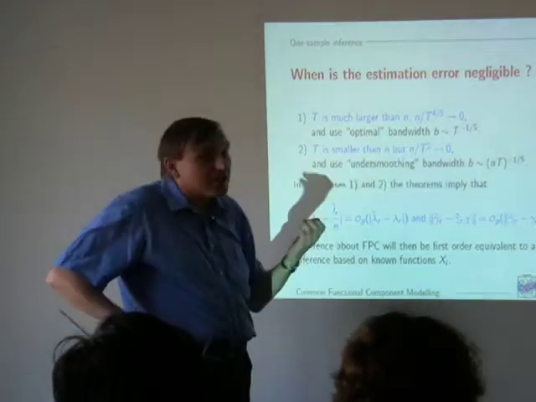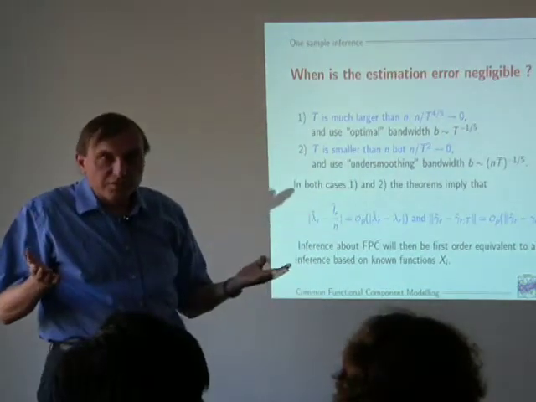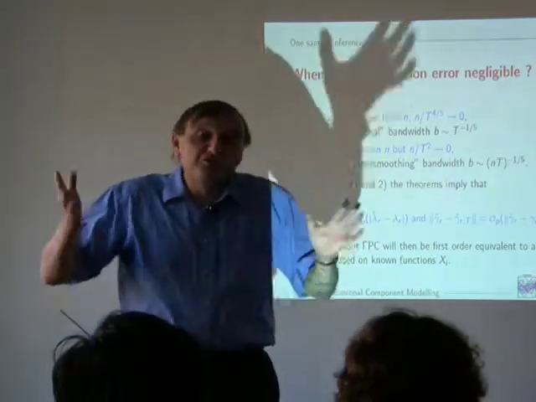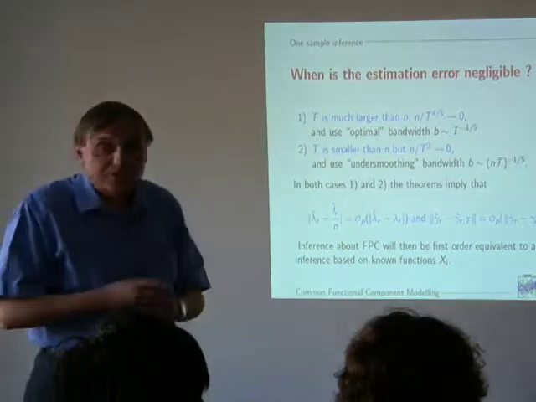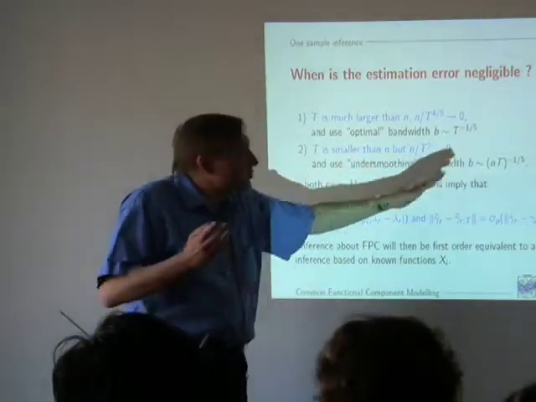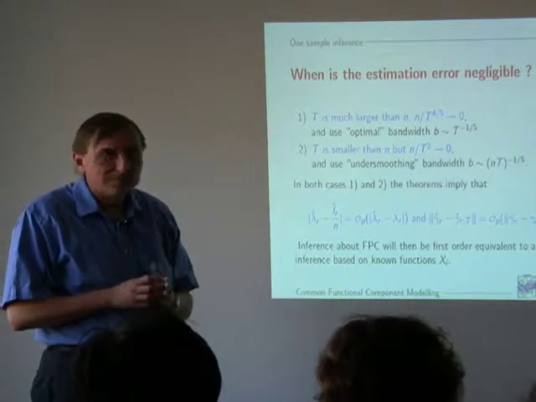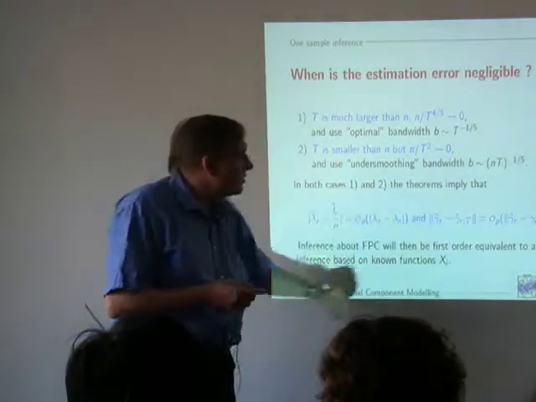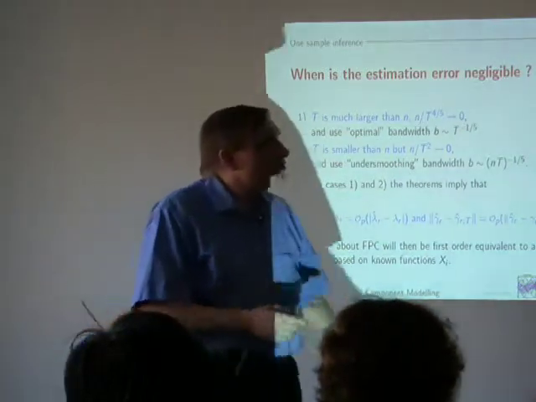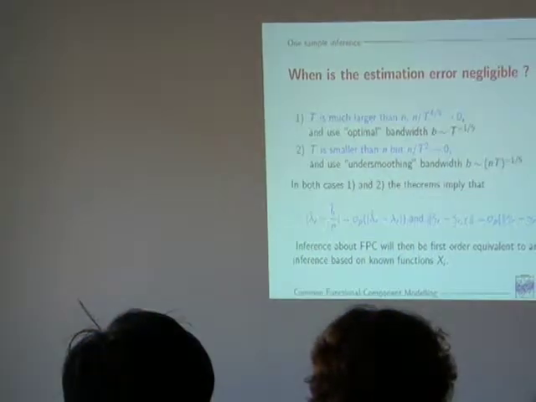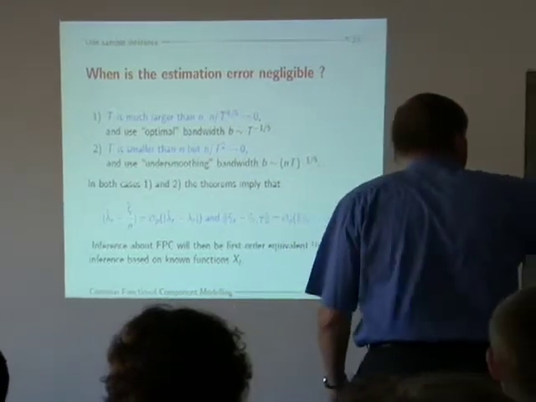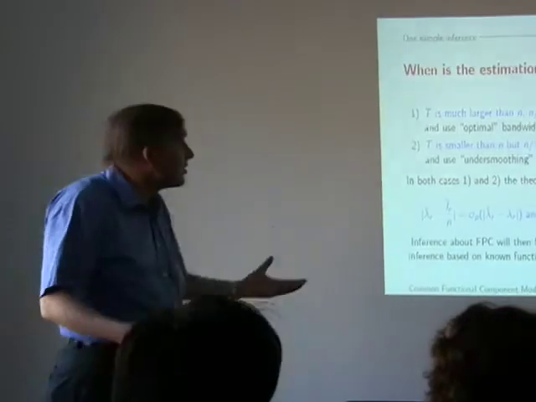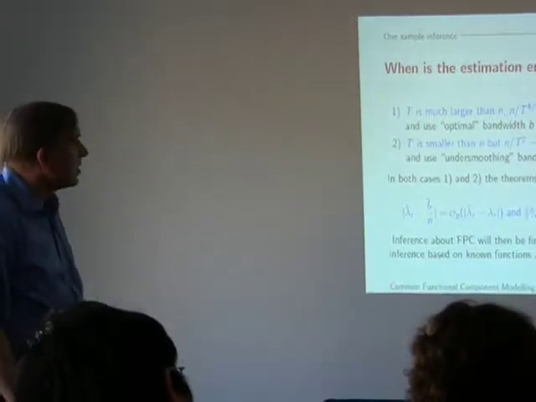That means the number of observations per curve, t, must be at least as large as the square root of n, which is not too strong, I think, in many cases. And you have to use a reasonable bandwidth. Then this is a small o, so the difference between these two is negligible compared to this difference, and you can use the asymptotic results. So the asymptotic distributions also hold for the estimated ones.